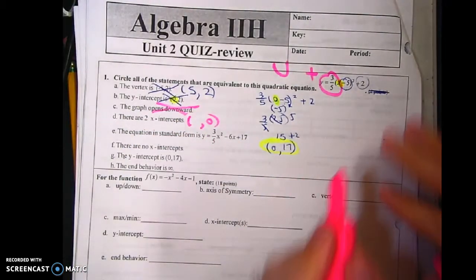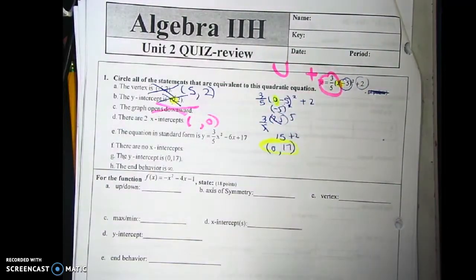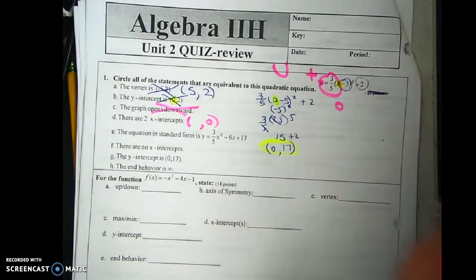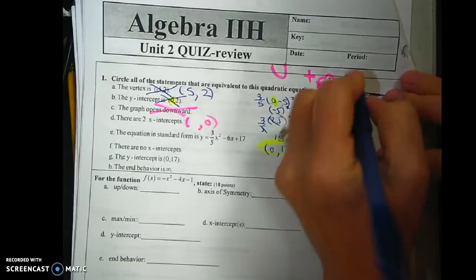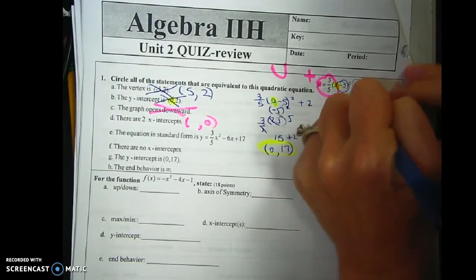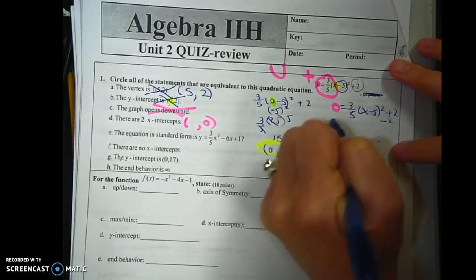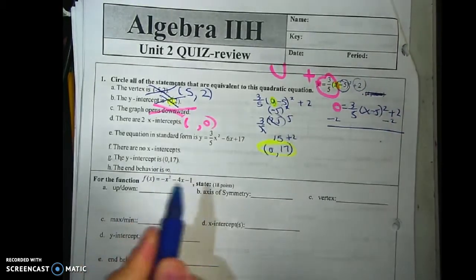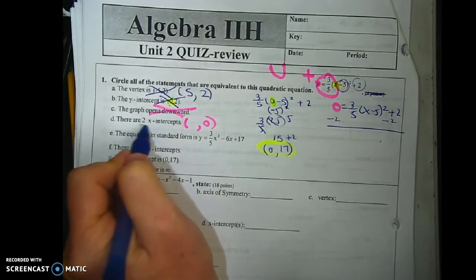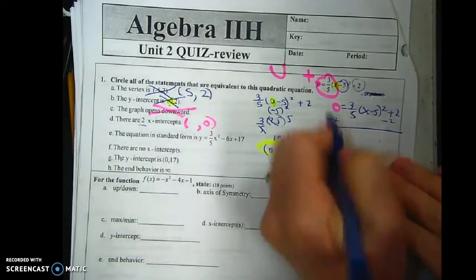So I'm going to take the 0 and plug it in for y, which is something you guys are used to doing. So 0 equals 3/5 (x minus 5) squared plus 2. Subtract 2. Now remember, all you're doing is finding out how many x-intercepts, not what the actual x-intercepts are.